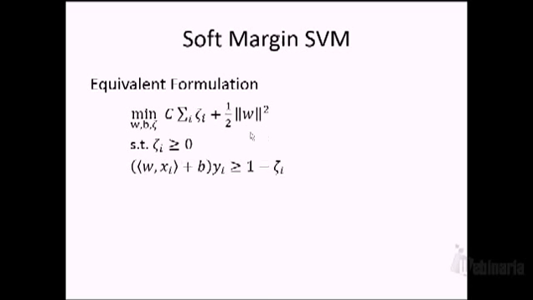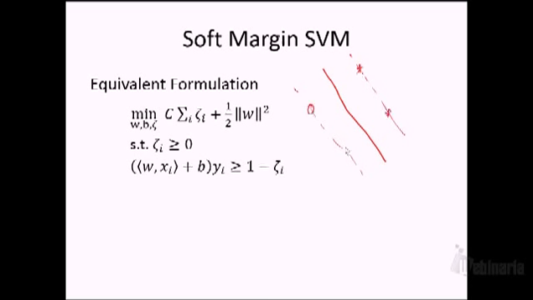There's also an equivalent formulation in terms of margin constraints. And this formulation is that rather than minimizing the square norm of W, we minimize the square norm of W plus the summation of slack variables, which indicate the amount of violation.